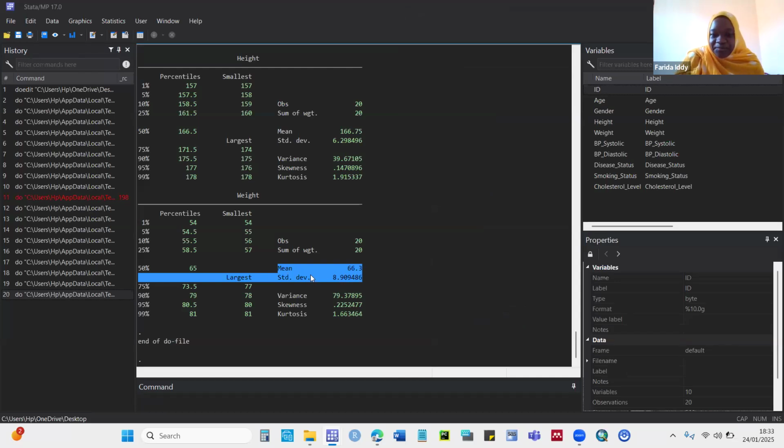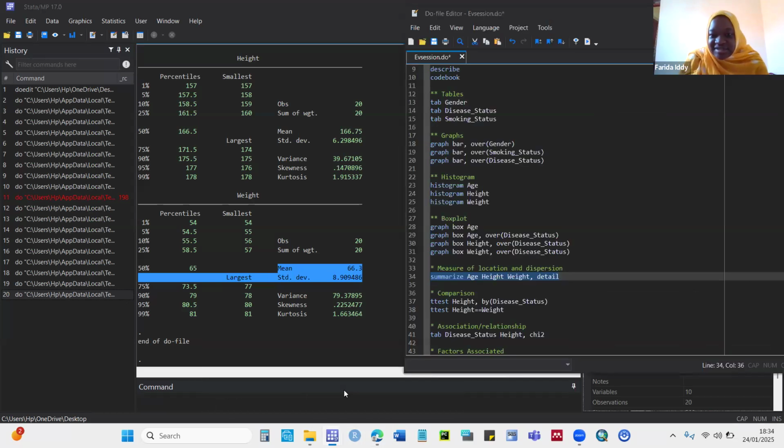Standard deviation tells us how far these individuals are apart, and mean is just the average. The participants' mean weight is 66.3. So these are just descriptive statistics.